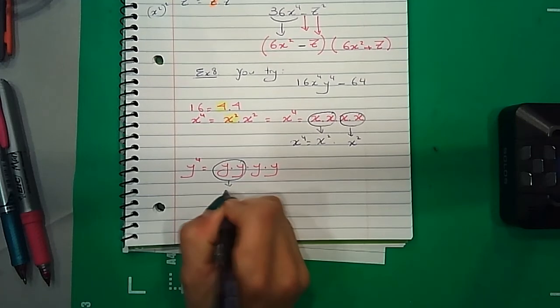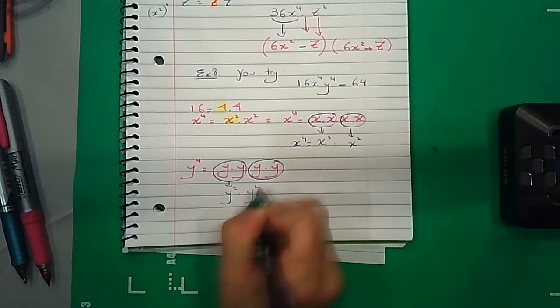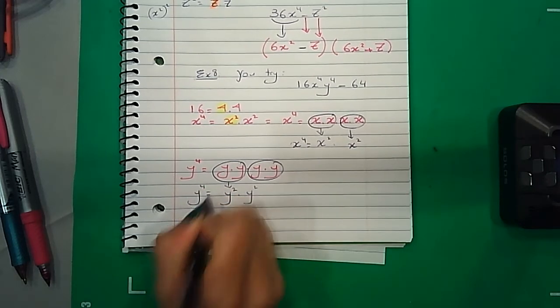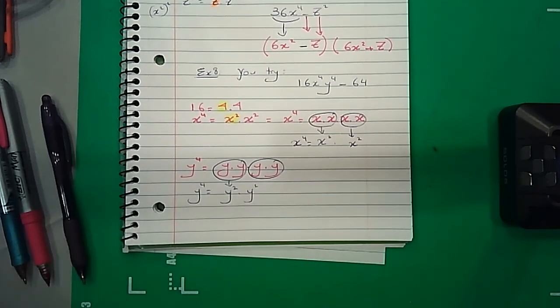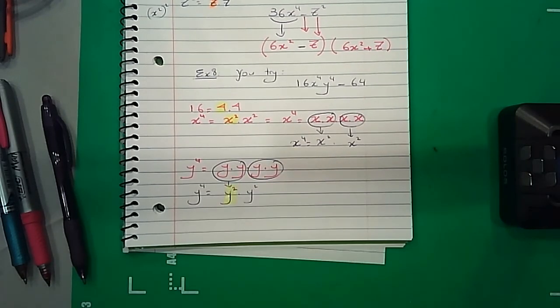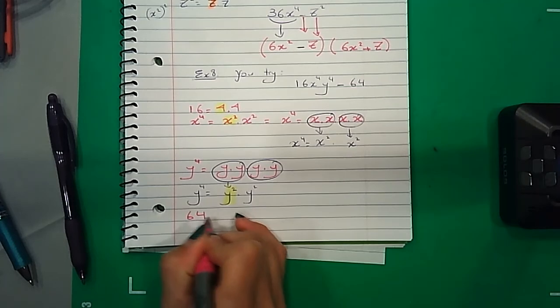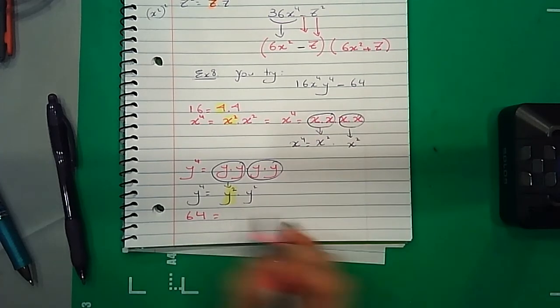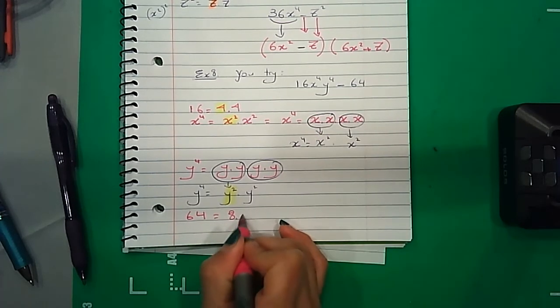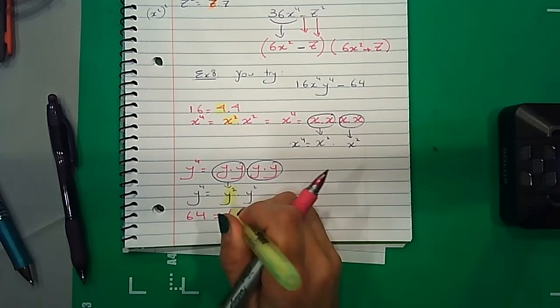So here I got y squared times y squared. And this is y to the 4th. And the factor that we're using is going to be that y squared. Now we got one more term, which is the 64. And we know the 64 is a perfect square, and it's 8 times 8. So this is my factor.